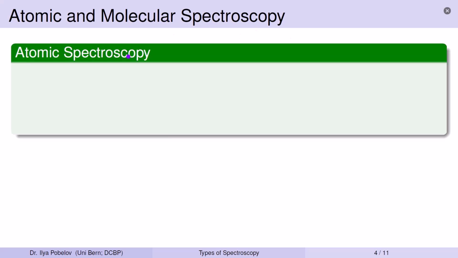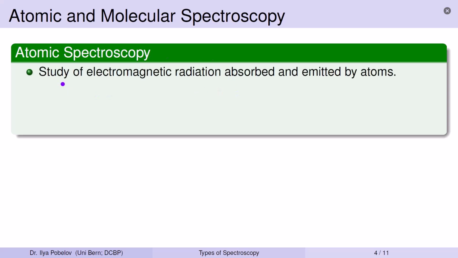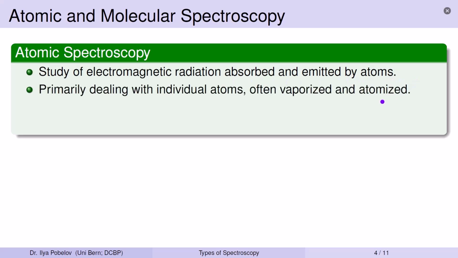Among different spectroscopy techniques, we also distinguish between atomic and molecular spectroscopies. Atomic spectroscopy methods focus on the study of electromagnetic radiation absorbed and emitted by atoms. When we talk about atomic spectroscopy, we are primarily dealing with individual atoms, often vaporized and atomized to facilitate the study.